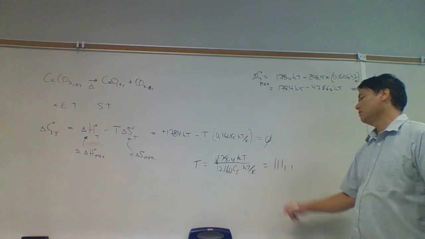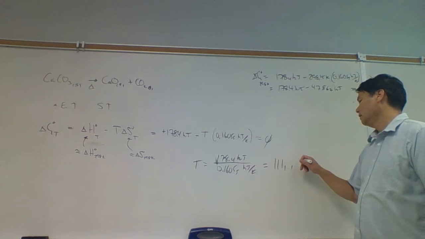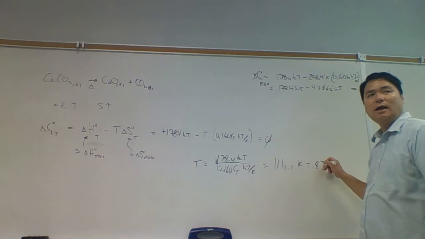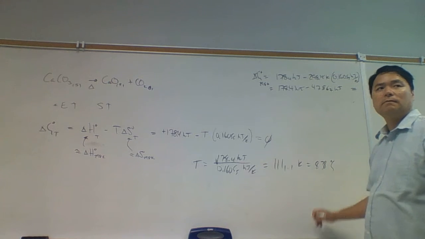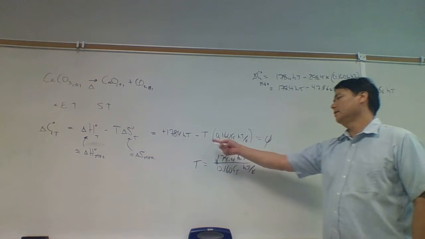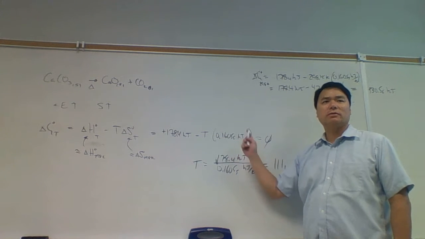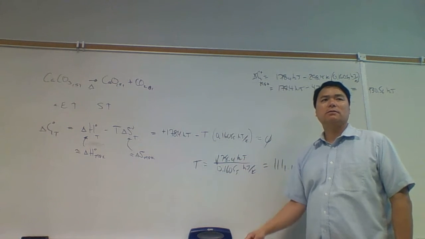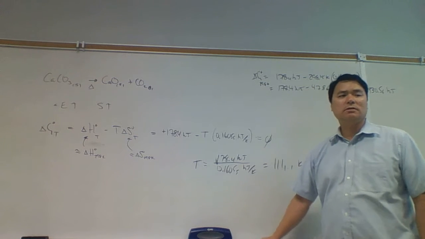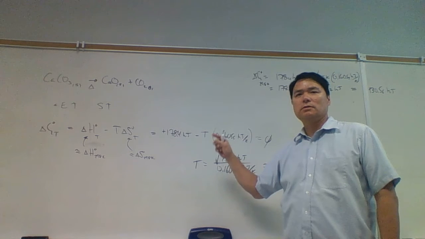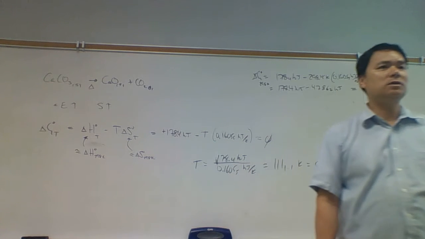I'm only allowed 3 sig figs here, which is 838 degrees C. I'm going to plug that in here. I'll get plus 178.4 minus 178.4, so I cancel out that term. And so that's what I'm doing here. We're just adjusting the temperature to either increase this second term or decrease it to change delta G.